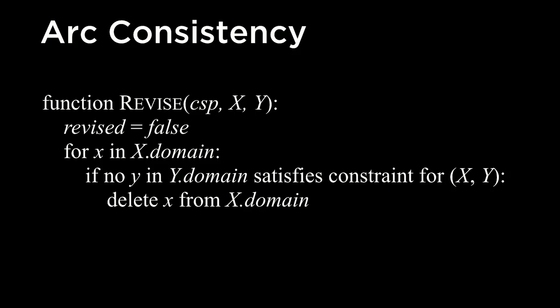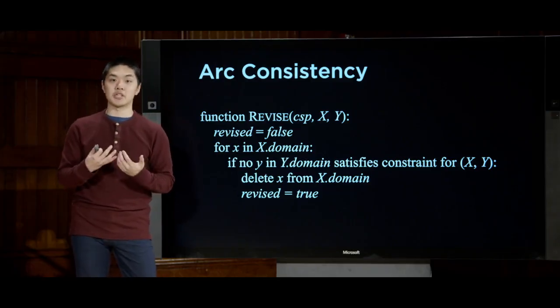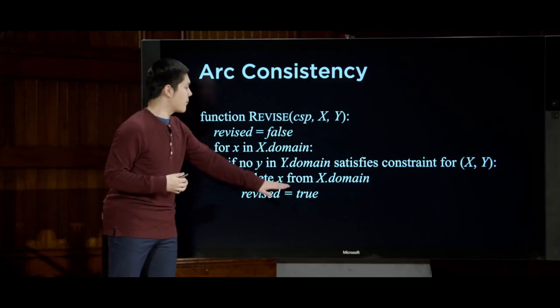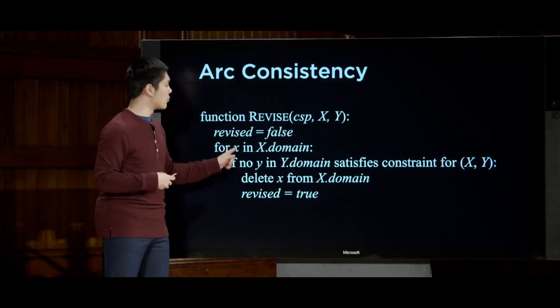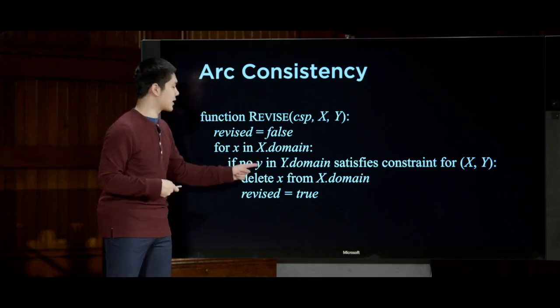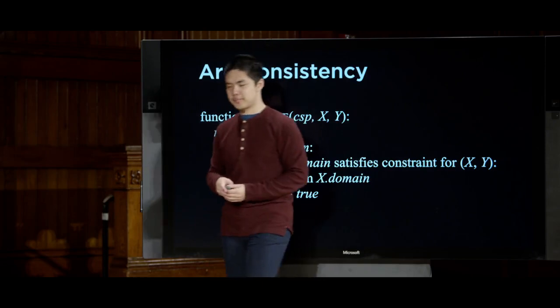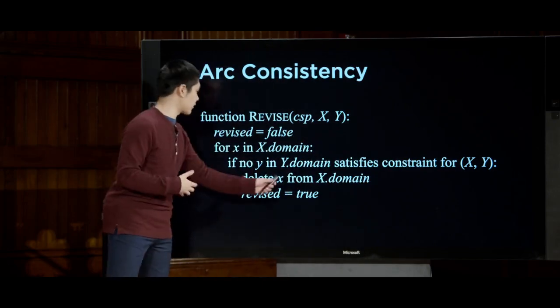So I'll go ahead and delete x from X's domain, and I'll set revised equal to true, because I did change X's domain. I changed X's domain by removing little x, and I removed little x because it wasn't arc consistent. There was no way I could choose a value for Y that would satisfy this XY constraint. So in this case, we'll go ahead and set revised equal to true.